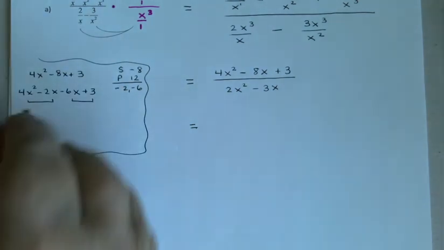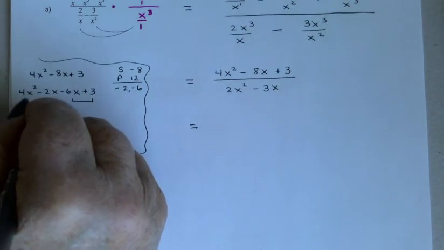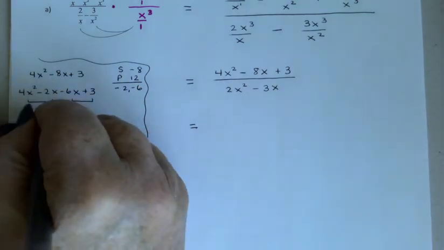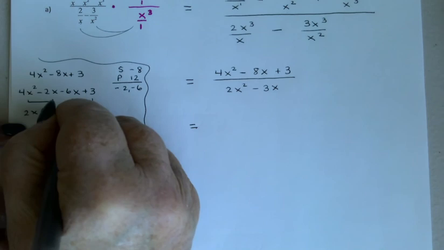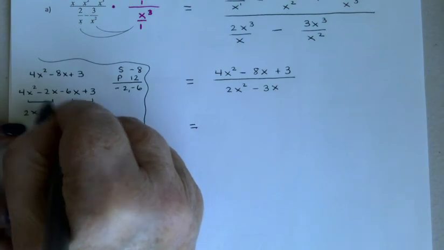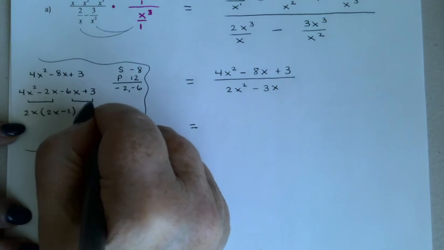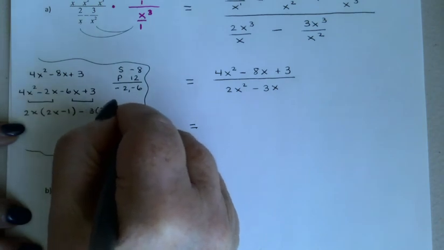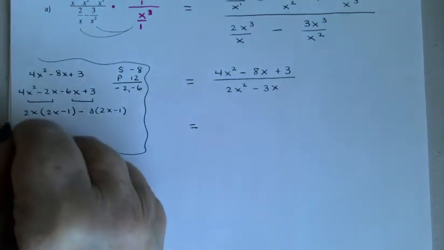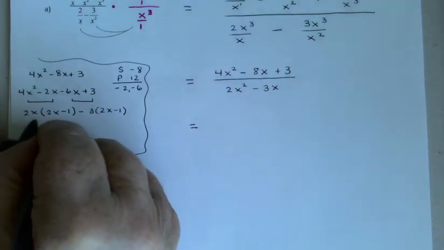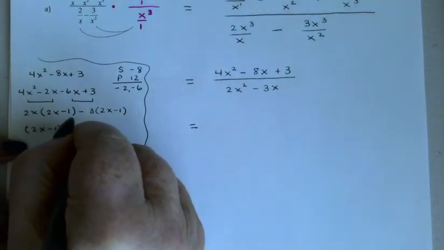Let's see, I can factor out a 2x here, which makes that 2x minus 1. And I want to factor out a negative and a 3 there, which also gives me 2x minus 1. So I've got 2x minus 1 times 2x minus 3.